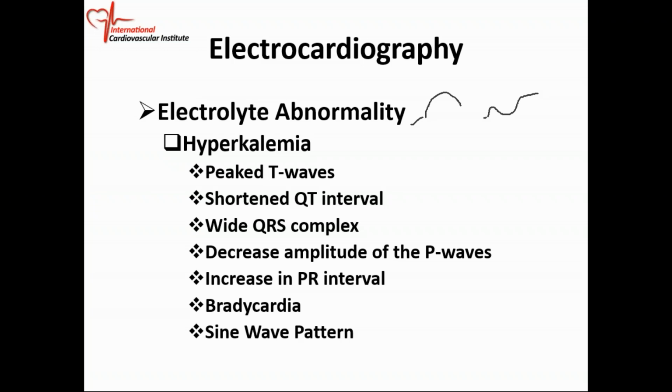So for this patient, you're going to treat them aggressively. We will give them insulin, we'll give them calcium to protect the heart, and give them something called Kayexalate to remove the potassium. So what you're doing is using your ECG to help you make the assessment even before the blood test comes back.